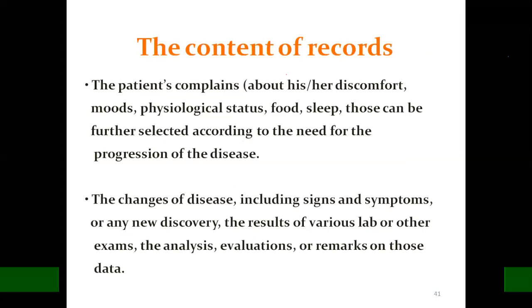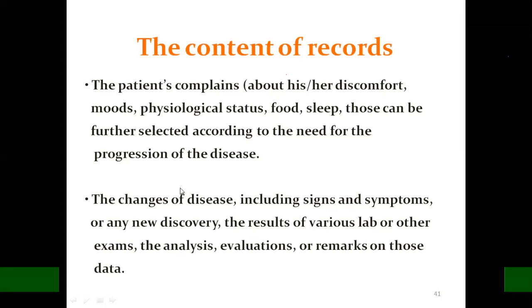The content of the record: the patient complains about his or her discomfort, mood, physiological status, food, sleep. Those can be further selected according to the need for progression of the disease. The changes of the disease, including signs and symptoms or any new discovery, the results of various lab or other exams, the analysis, evaluations, or remarks on those data.